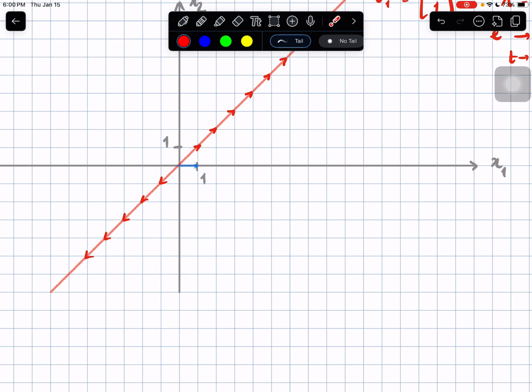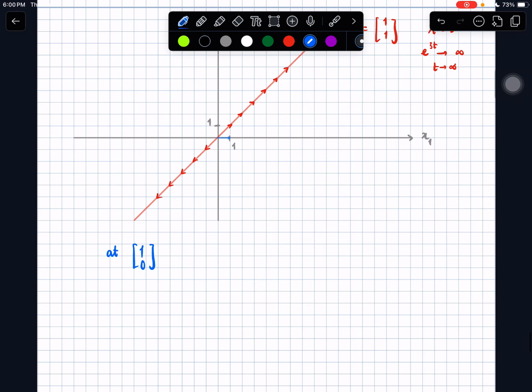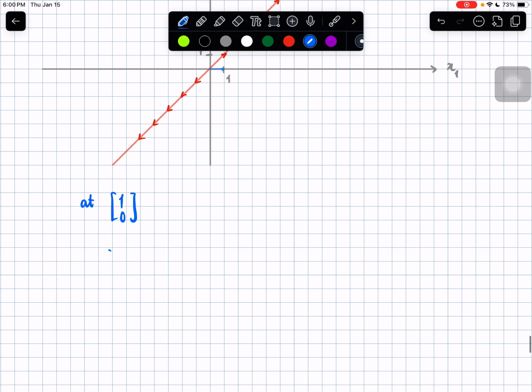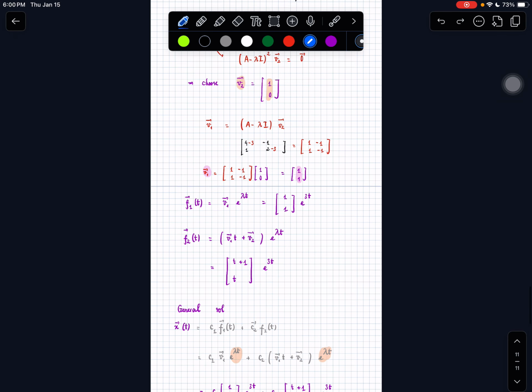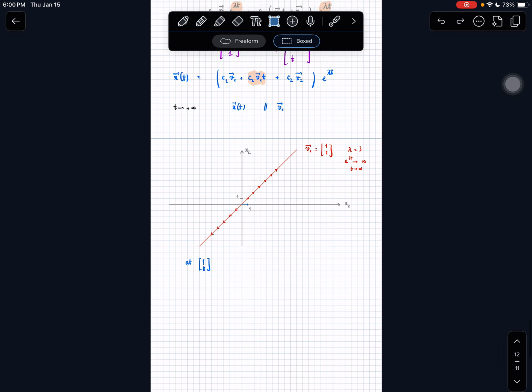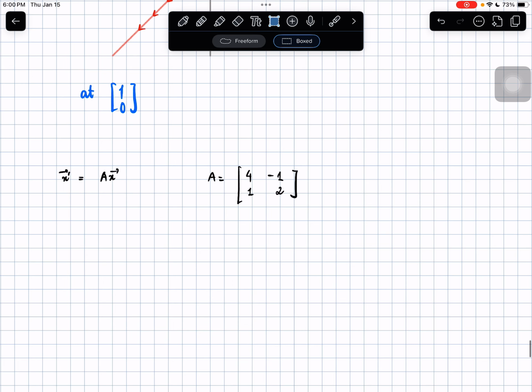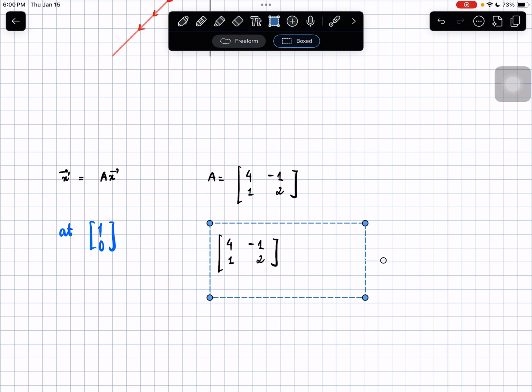We can check quickly at the point (1, 0). What you have is matrix A, x prime equals Ax. In our case, A is [4 -1; 1 2] times (1, 0).